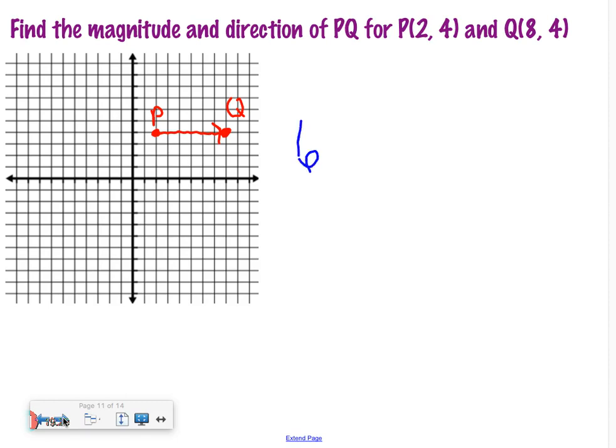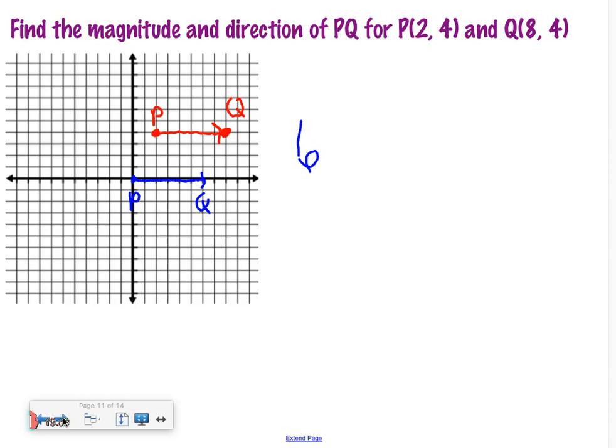Okay, put it in standard form. P goes here. Oops, one too many. What is our direction? Did I go up any?